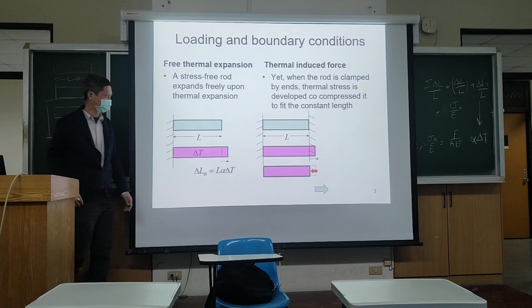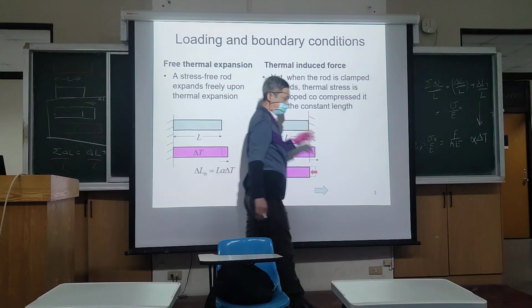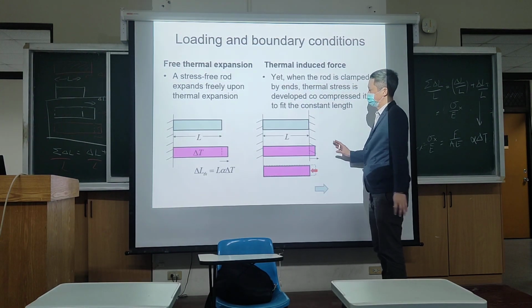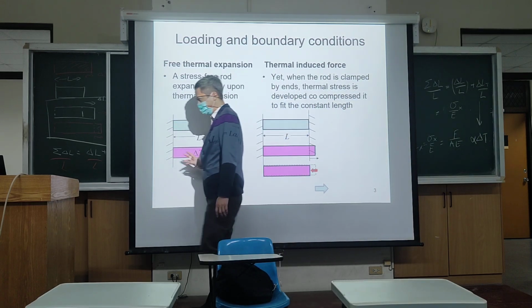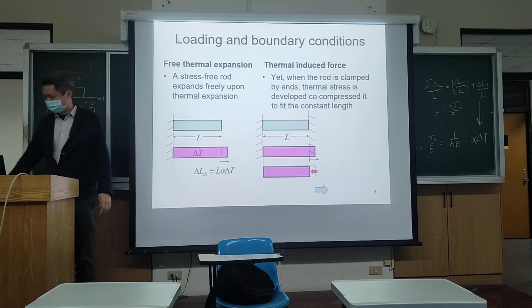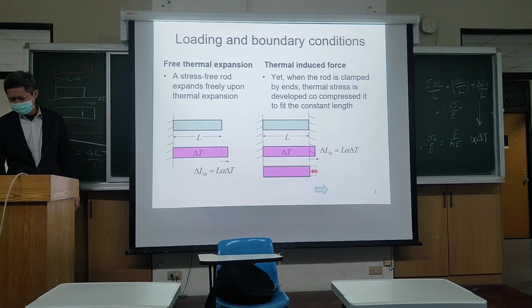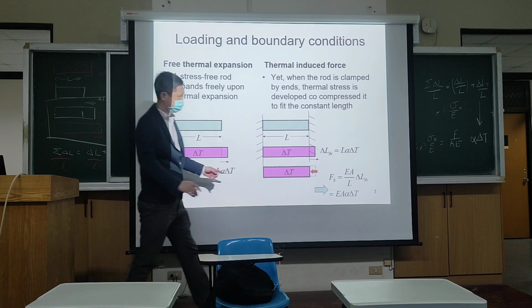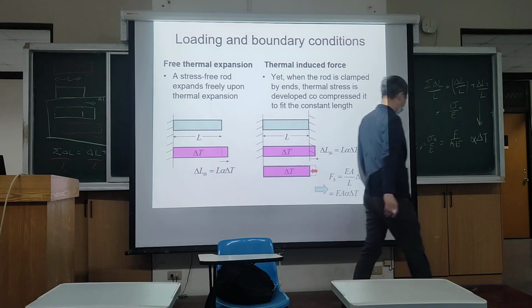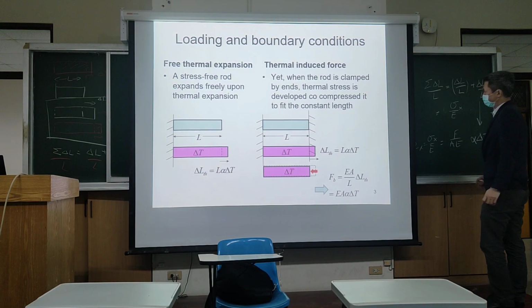On the other hand, if both ends of the rod are being blocked, meaning the free elongation caused by the thermal expansion is now restrained. Okay? So, how much is the force required to keep it there?